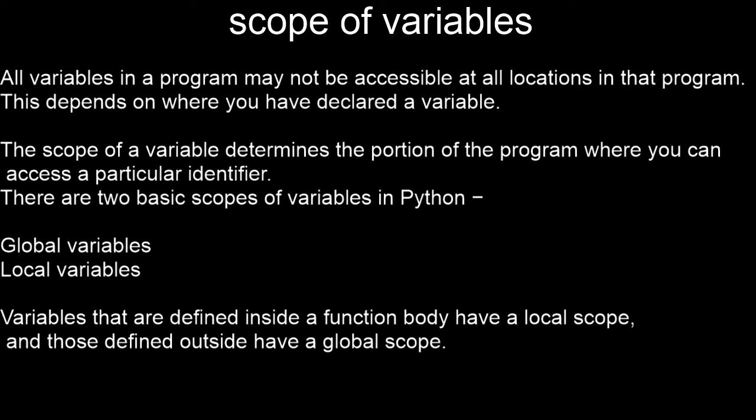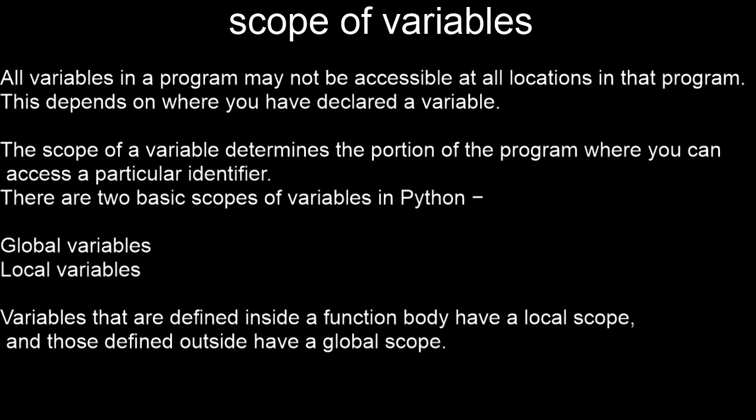So when we use a function, we can still use variables as global. So in a program, the scope of a variable determines the portion of the program where you can use or access a particular identifier.